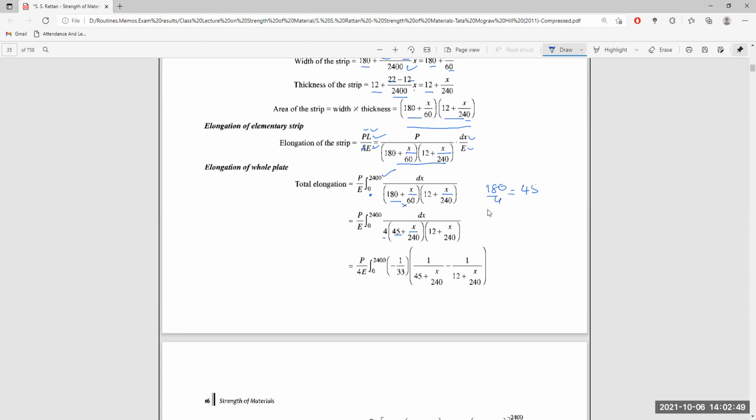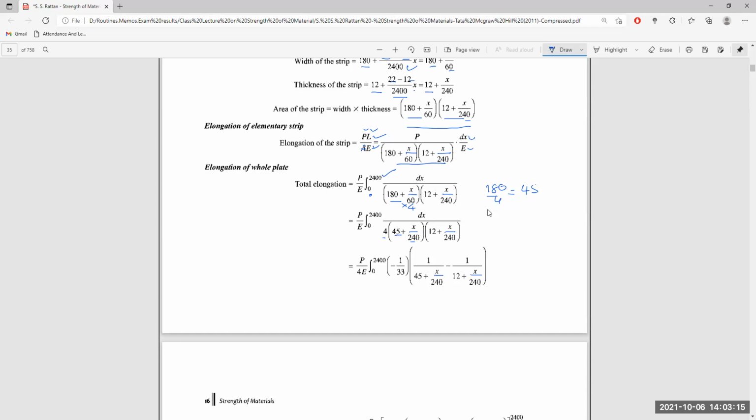So we put 45 and 4 outside, and as we put 4 outside the bracket, we have to multiply this by 4. So 60 will be 240. On the left side 45 plus x by 240 multiplied by 12 plus x by 240 remains unchanged. Now we can take this particular shape, 1 by (45 plus x by 240) minus 1 by (12 plus x by 240).